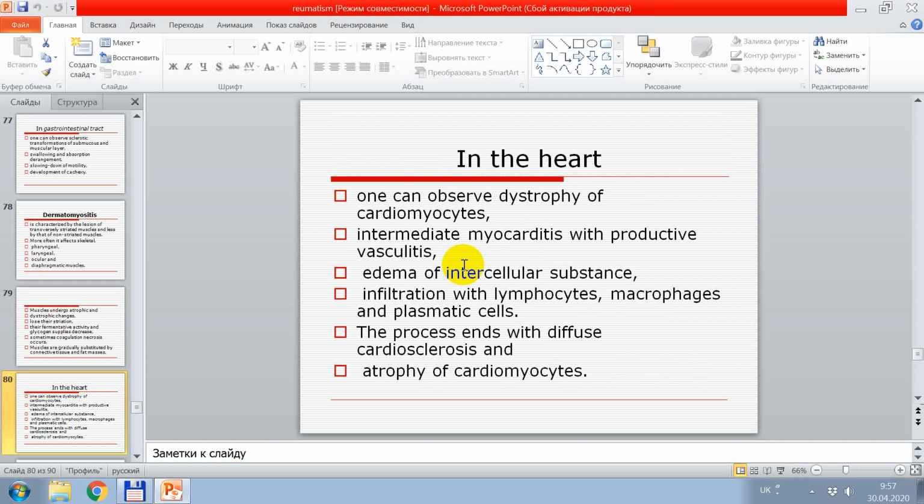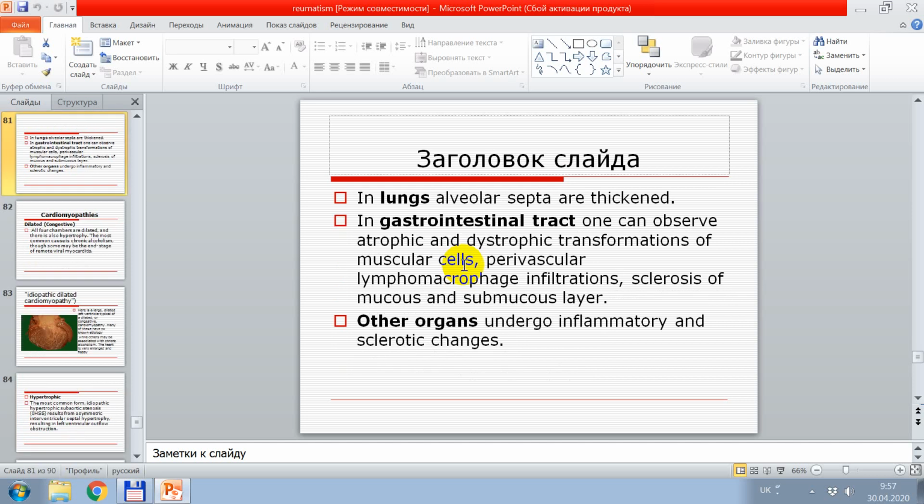In the heart, one can observe dystrophy of cardiomyocytes, interstitial myocarditis with productive vasculitis, edema of intercellular substance, infiltration with lymphocytes, macrophages, and plasmatic cells. The process ends with diffuse cardiosclerosis and atrophy of cardiomyocytes. In the lung, alveolar septa are thickened.